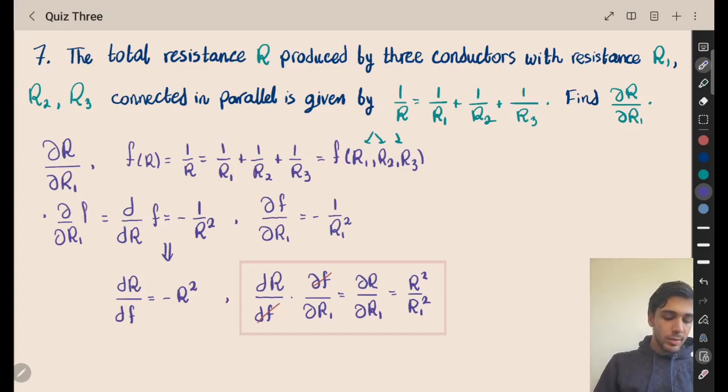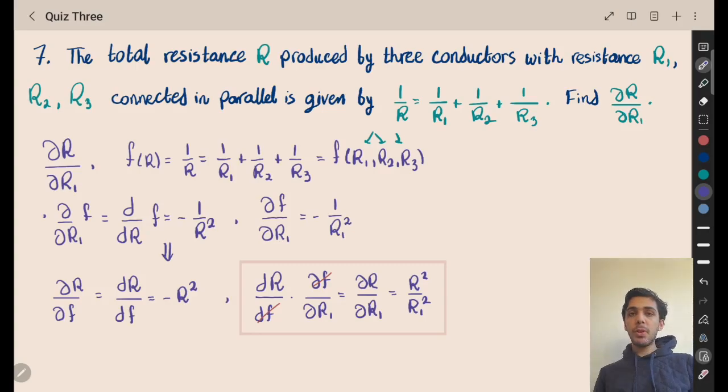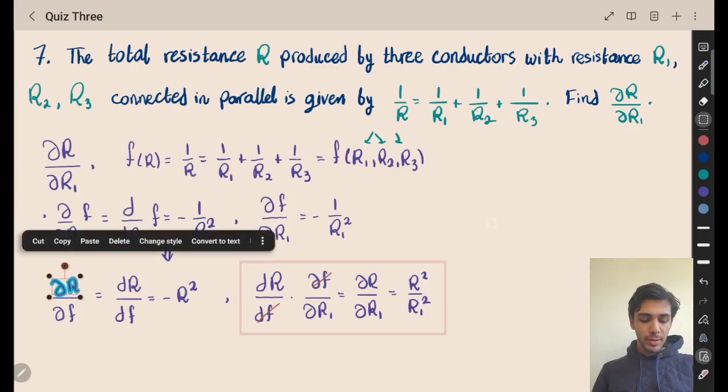And since this is a total derivative at the same time, we can flip it. That's the only reason we can flip it, and the only reason why it works.